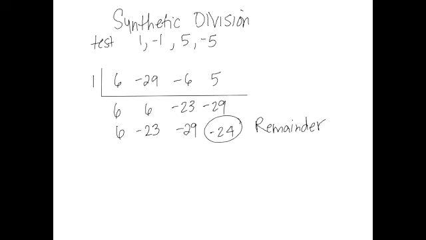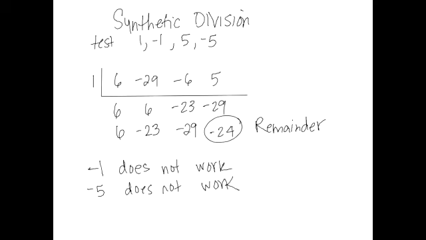So let's test negative 1. Since 1 did not work, let's now test negative 1. Okay, so we started out by testing 1, and we got a remainder of negative 24. So then we said we were going to test negative 1, and we both did it on our own.